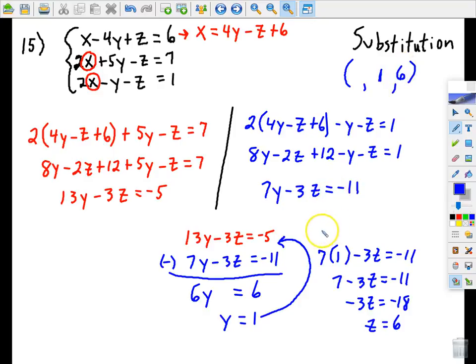Okay, so far so good. And now it makes sense, since we already have an equation here that's solved for x, let's just replace what we know for y and z in this equation, and we'll know what x is.